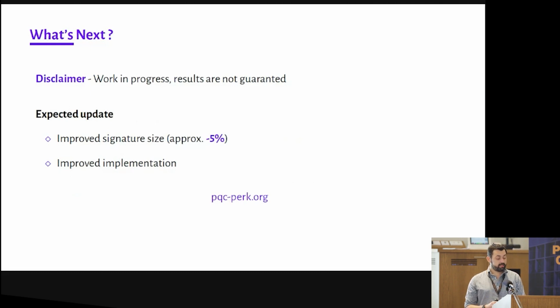But what we expect in the following months is to be able to do an update which will reduce the signature size by approximately 5%. We also plan to improve our implementation, especially since currently for level 5 parameters, our implementation uses lots of memory, so we will address this issue. And hopefully we can also have a speed up in performances, we will see.